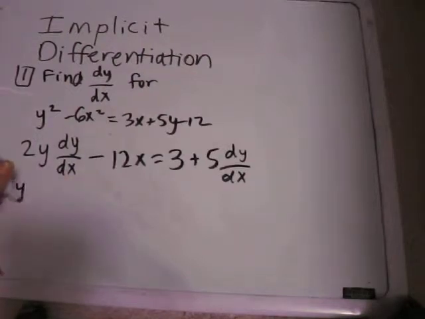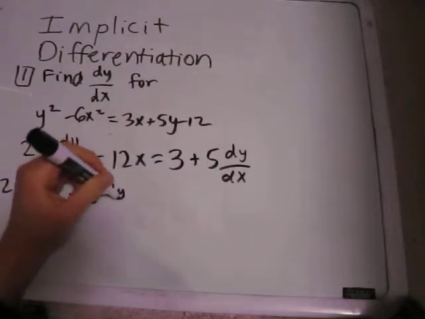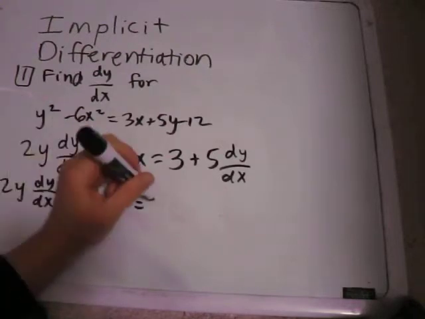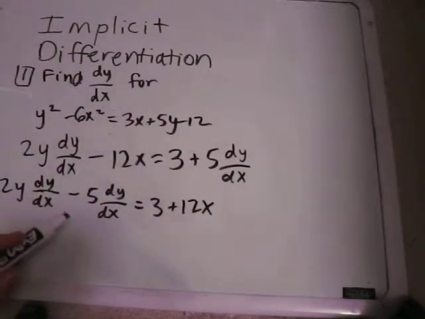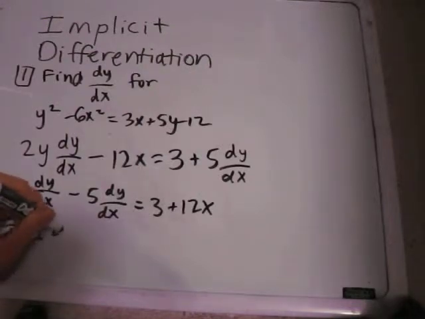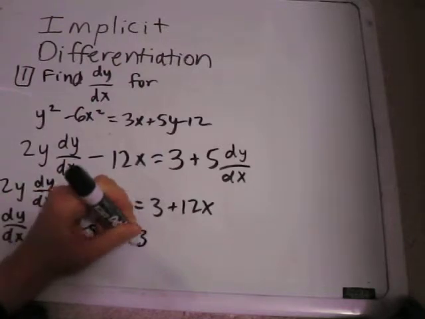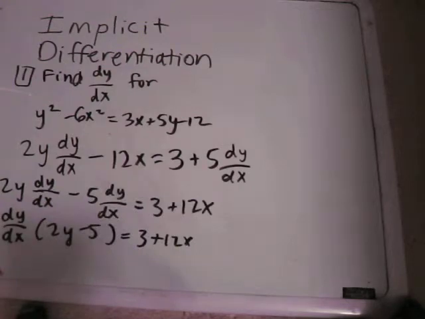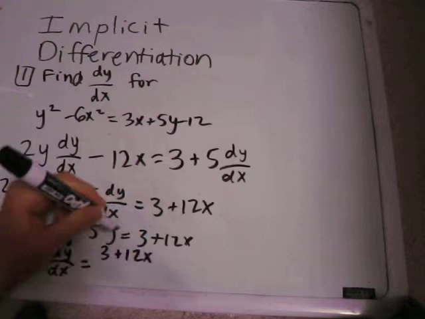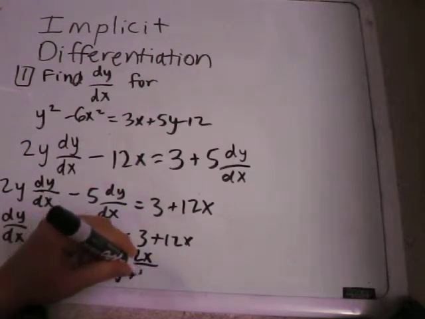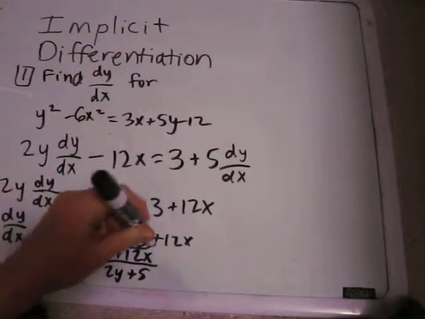So we move the 5 dy/dx over here, and we move the 12x to the other side, and then we factor out the dy/dx. Then the final step is to divide, so we get dy/dx equals 3 plus 12x divided by 2y plus 5. So that's your final answer.